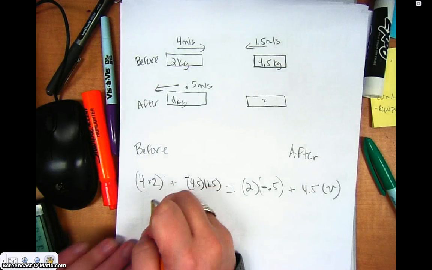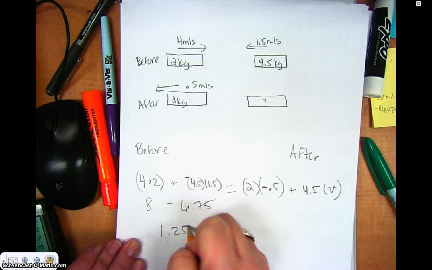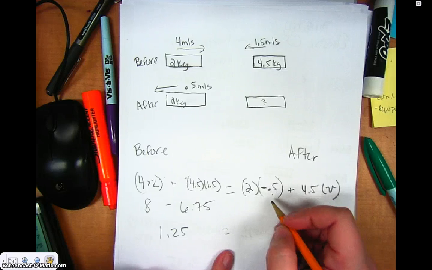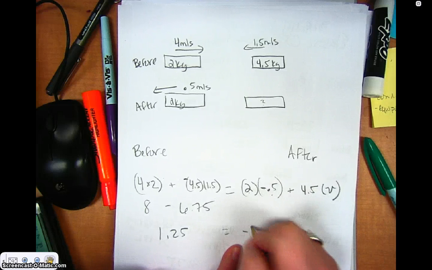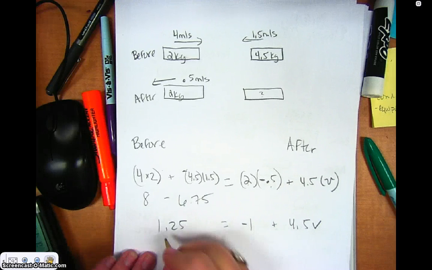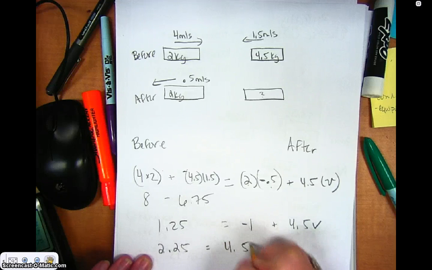So we get 8 minus 6.75, so the 1.25 over here is equal to 2 times a negative 1/2, which would be negative 1, plus 4.5 v. So we would add this over here. We get 2.25 equals 4.5 v.